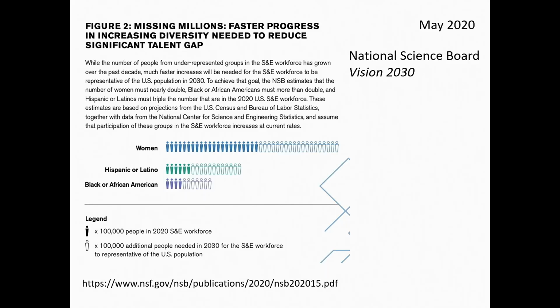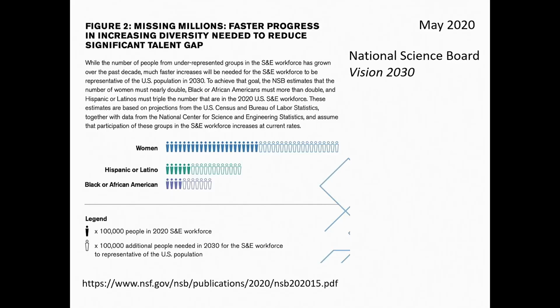They projected forward to the year 2030 how many individuals would need to be in the STEM workforce of the United States, and then they looked at current rates of women, Hispanic or Latino, and Black or African American individuals in their current proportions, and said if we project that forward, how many women will be in the STEM workforce versus how many would need to be there to have their representation be what it is in the US population.